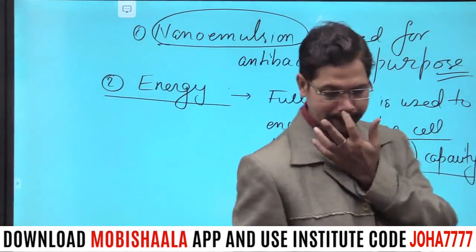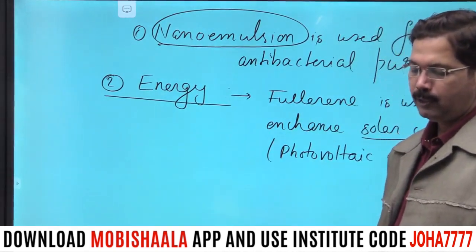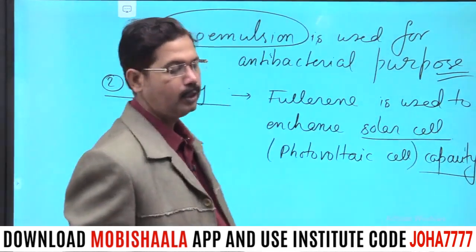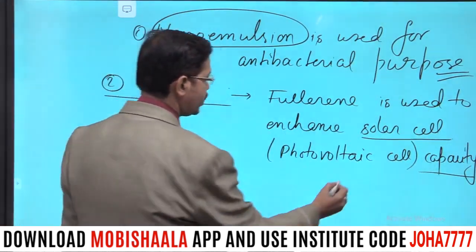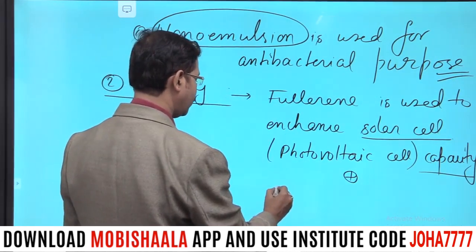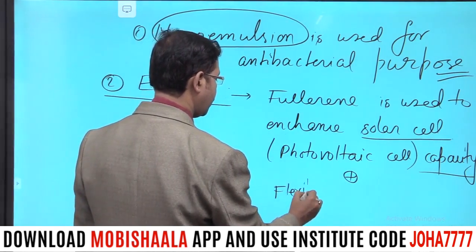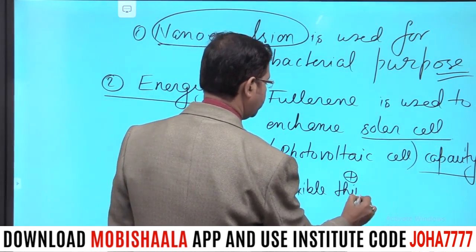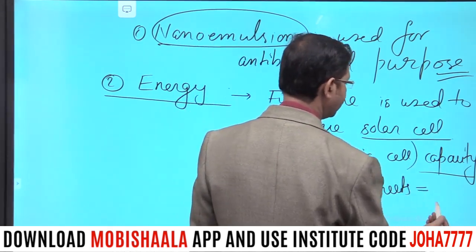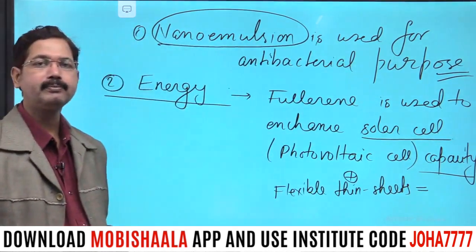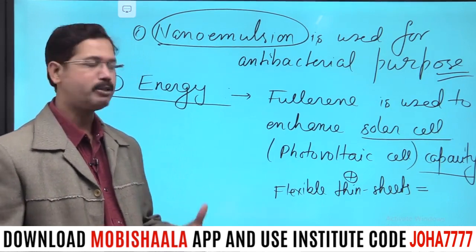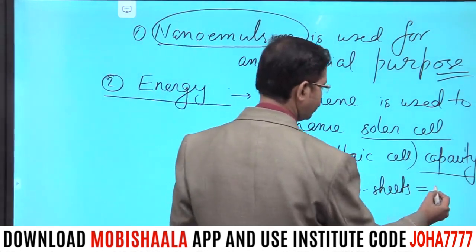So there are again flexible thin sheets, and such flexible thin sheets are used to produce wind power. Flexible thin sheets, or you can say it is the high tensile strength and one of the toughest materials, that is the carbon nanotube, that you can use for wind power generation.